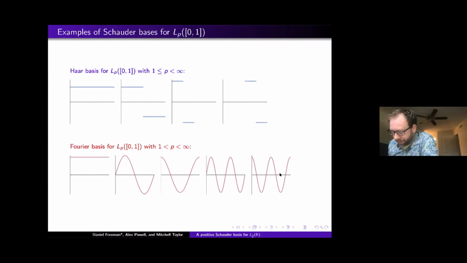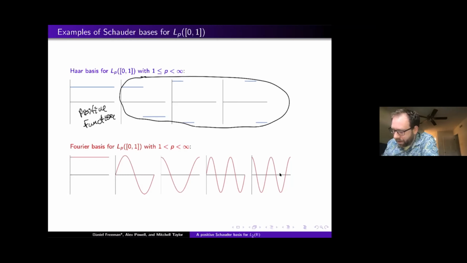Another nice example is the Fourier basis. This will actually always be a conditional Schauder basis, except in the case that p equals 2, in which case it's an orthonormal basis. Things to point out: here, we start off with a positive function, and all of the other functions we have are mean 0.